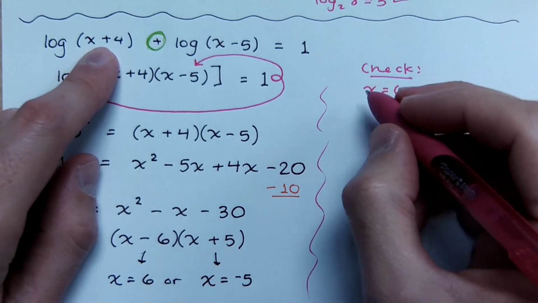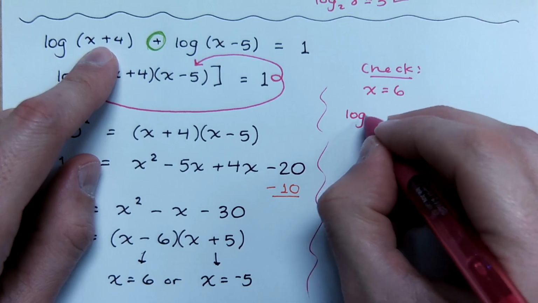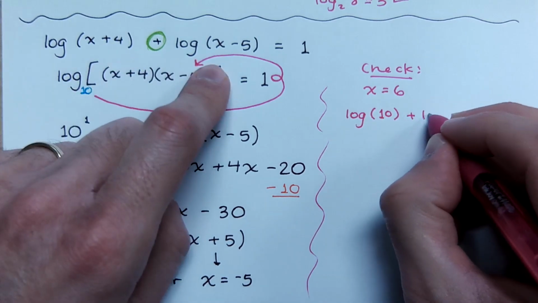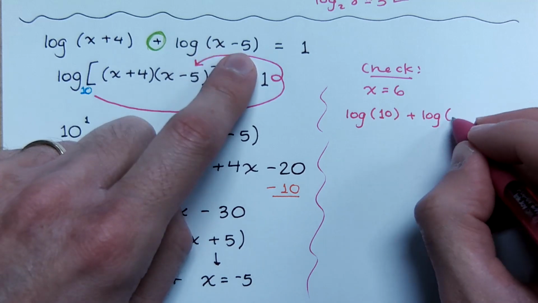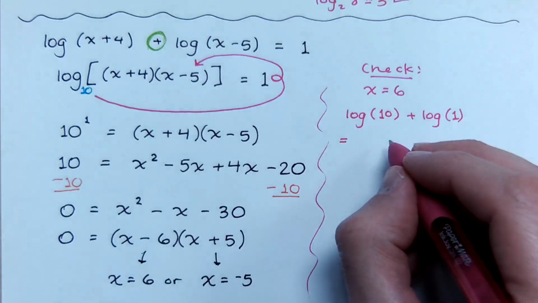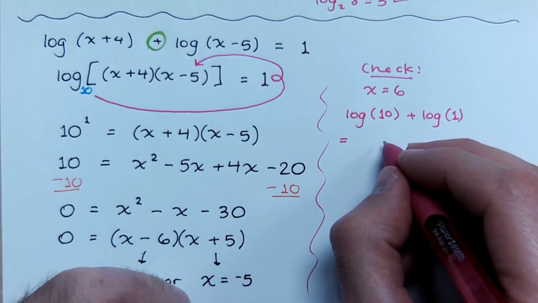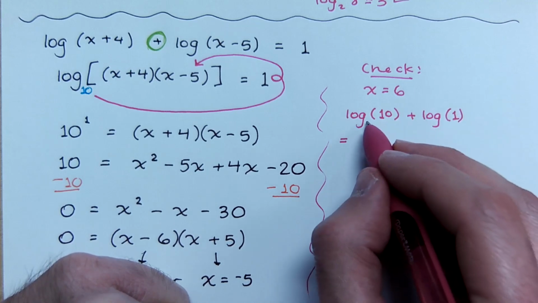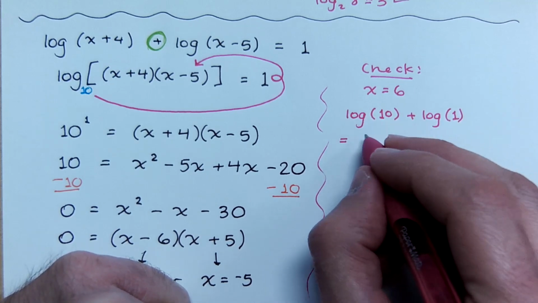So if I plug it in here, that would give me log of 6 plus 4 is 10, plus log of 6 minus 5 is 1. Work this out. What is log of 10? This is understood to be base 10, right? So it should be 1.